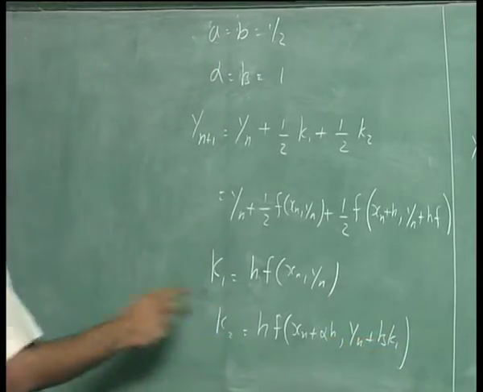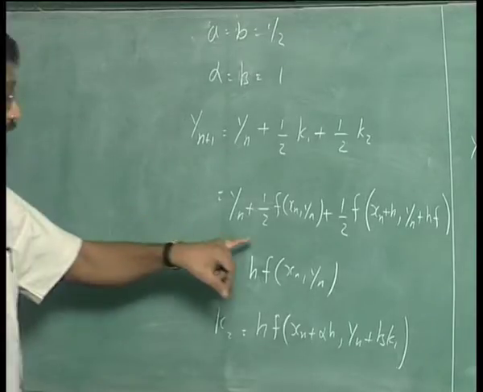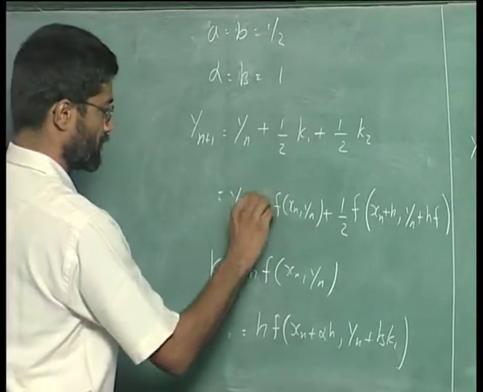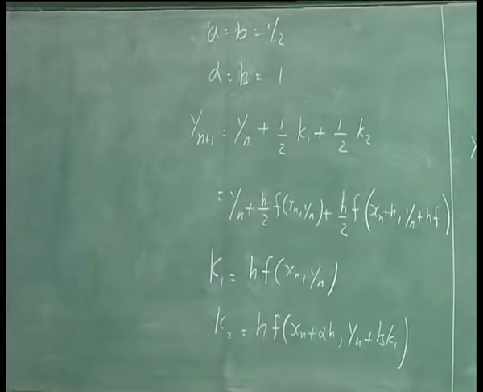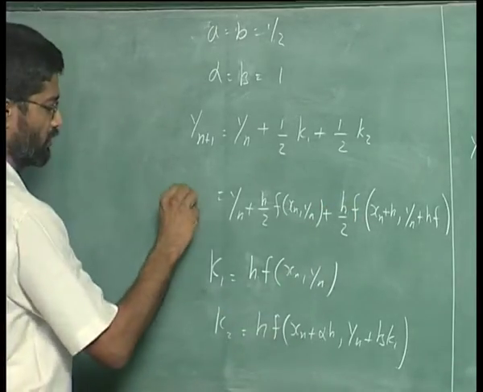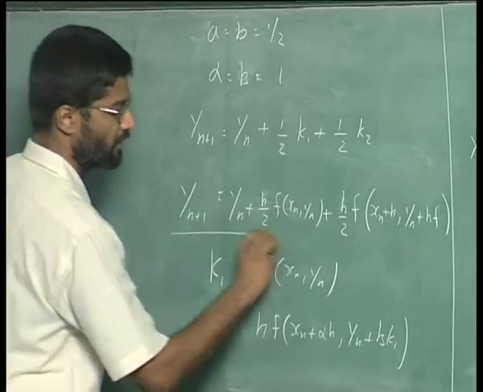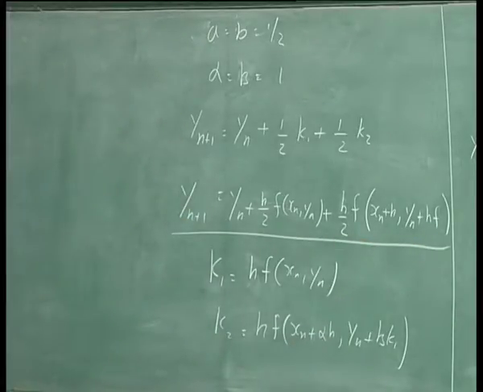So there is an h in these terms here, okay. So I write all that here, so this becomes h by 2 and this becomes h by 2. Okay, so that's the equation, okay. So that's what our yn plus 1 would be, okay.